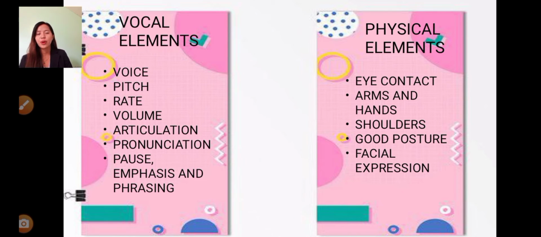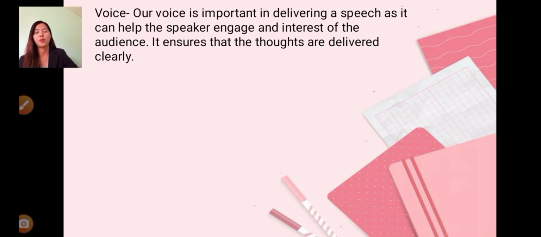Let us first go on to our discussion about the vocal elements because this is important information that we need to know. The first vocal element is voice. Our voice is important in delivering a speech as it can help the speaker engage the interest of the audience. It ensures that the thoughts are delivered clearly.